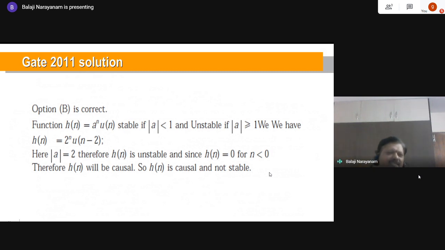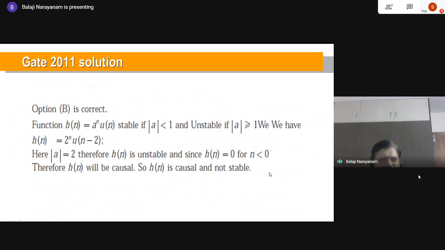For that case, if we want to find whether the system is stable or unstable, mod a in that case is 1 by 2, which is definitely less than 1, and now we may say that it is stable. The reason being, with 1 by 2 whole power n, you may take different values of n, n is equal to 0, n is equal to 1.